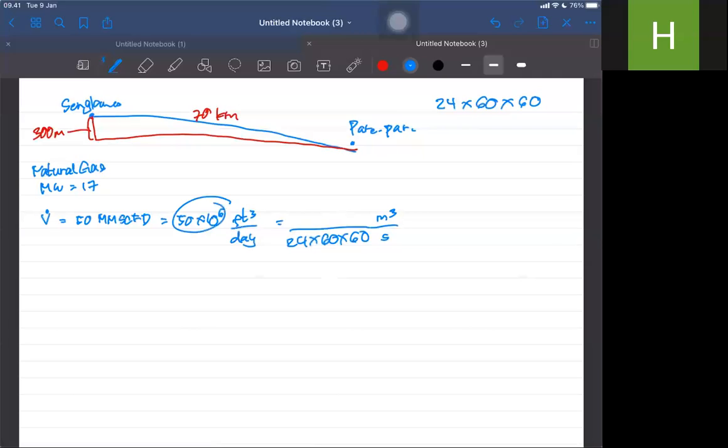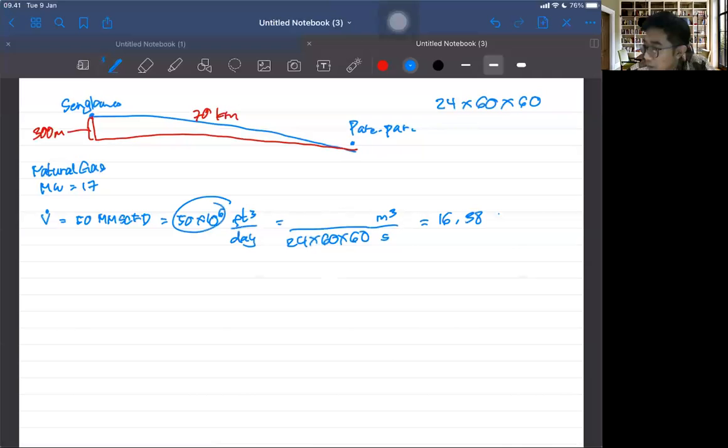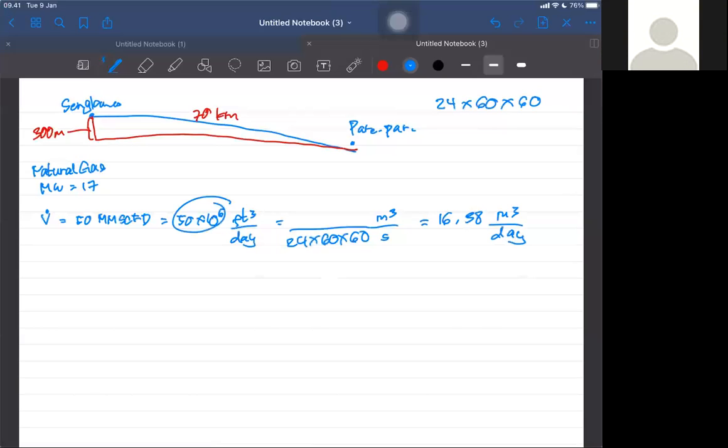I got 16.38, sir, cubic meters per second as a whole. Can somebody else also check the calculation? I also got the same, sir.